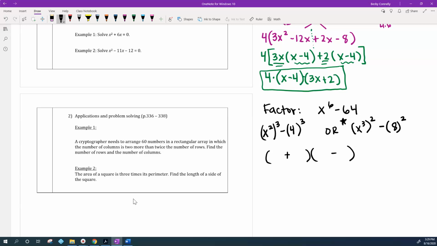So in the first one, it's going to be x cubed plus 8, and then x cubed minus 8. But then I look at each of these and I go, oh, wait a minute. These can break down further. These can factor more, because this is a sum of cubes and a difference of cubes. So I can go further on this.